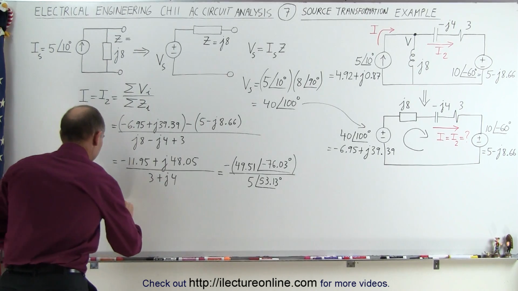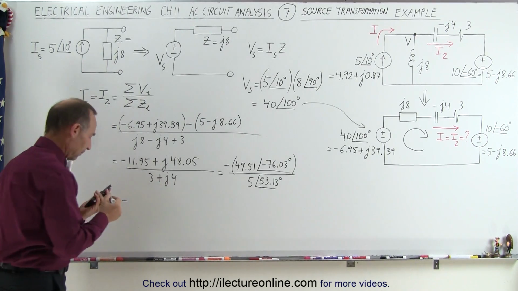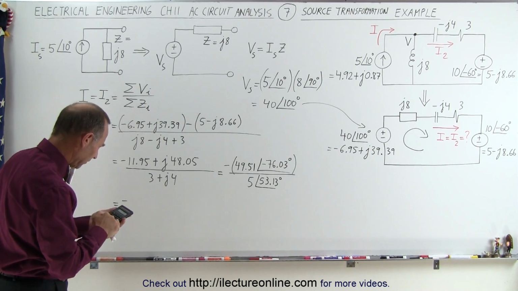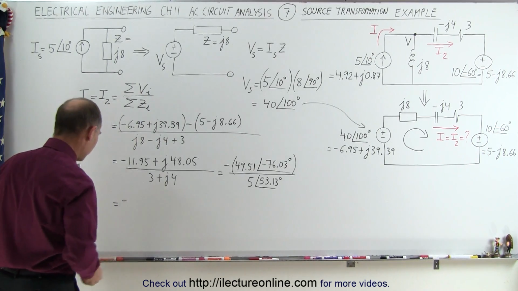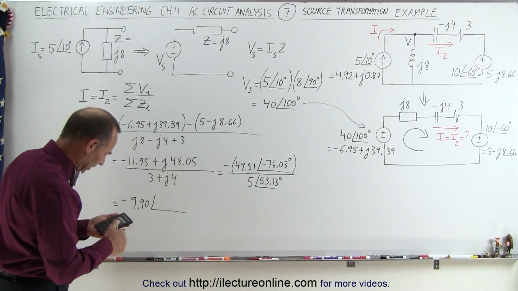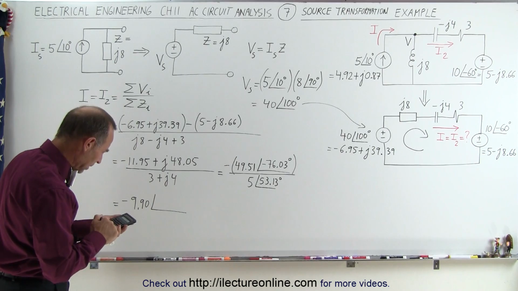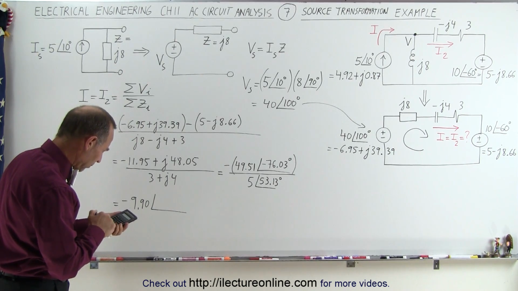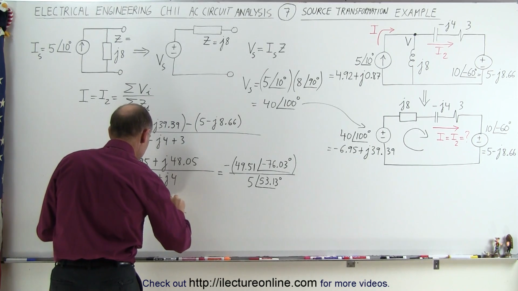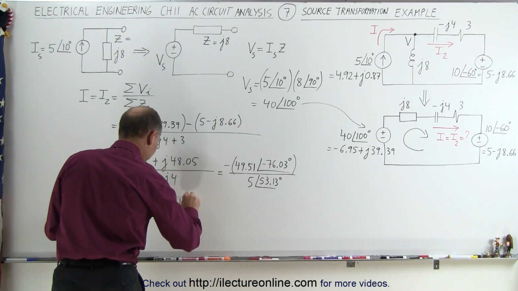Now we divide one by the other, so this is equal to negative 49.51 divided by 5, which gives us 9.90, with a phase angle of 76.03 plus 53.13, that's going to be negative, of course, minus 129.16 degrees.